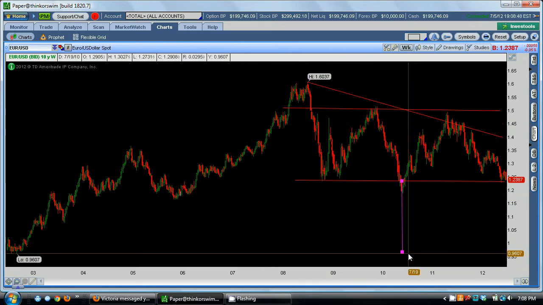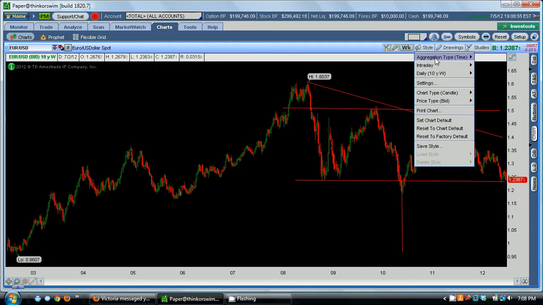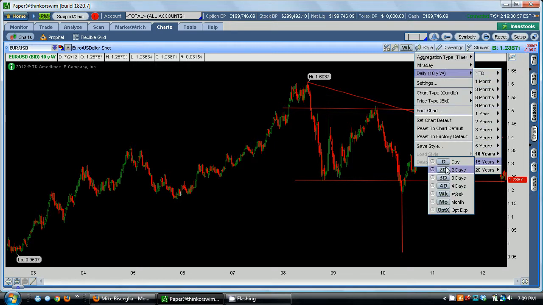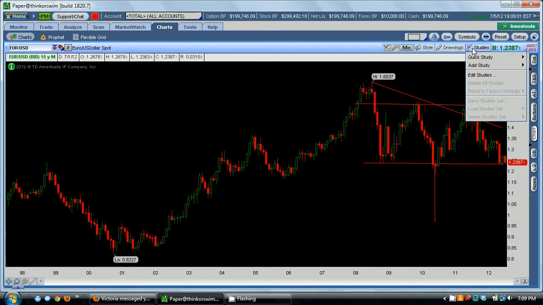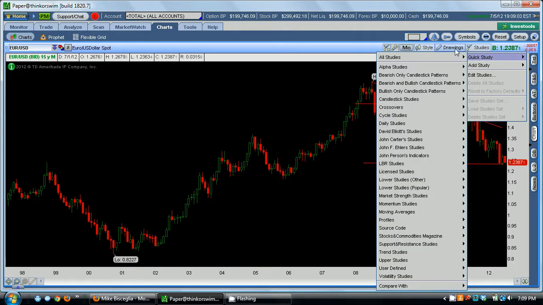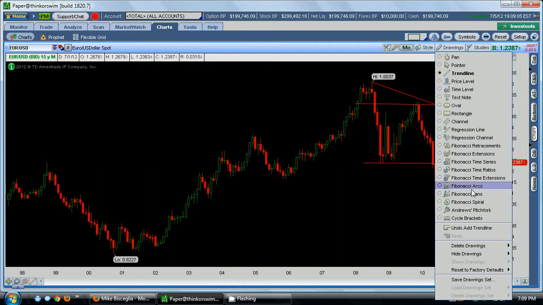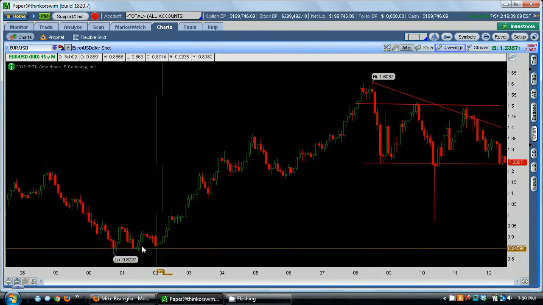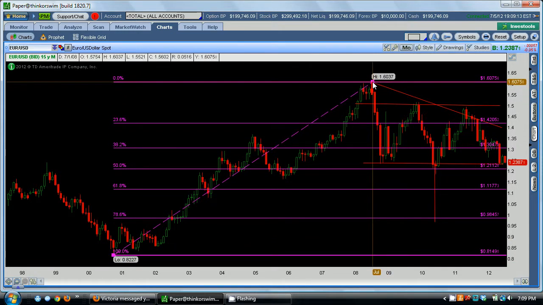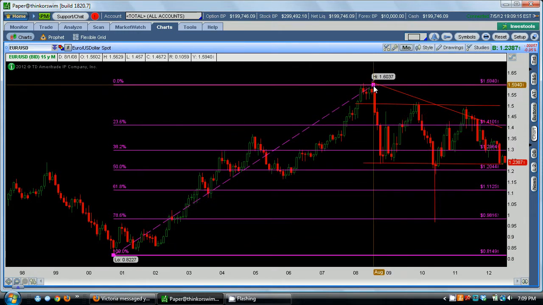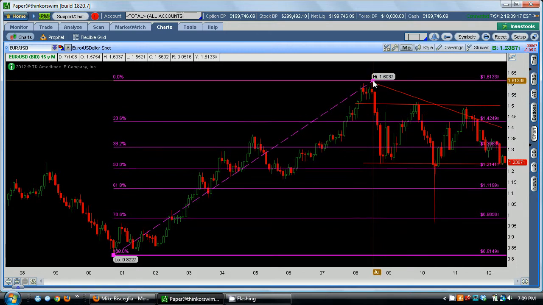Okay, so if I want to do an exact Fibonacci retracement on a more long-term chart, I go back out to a monthly, back to the last part where we had that downtrend reversal, take my drawing, do a simple Fibonacci retracement from the low up to the high, and one more time.